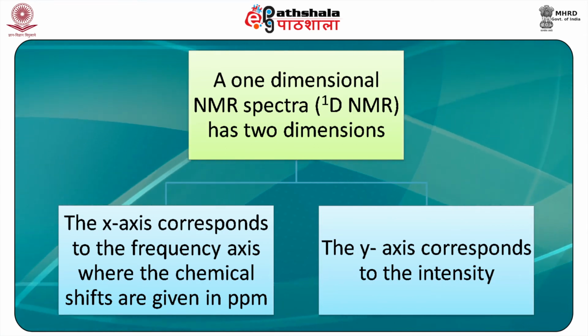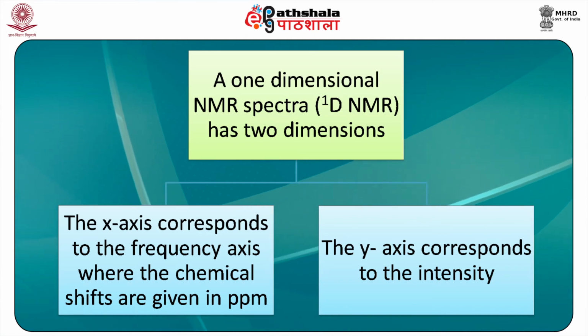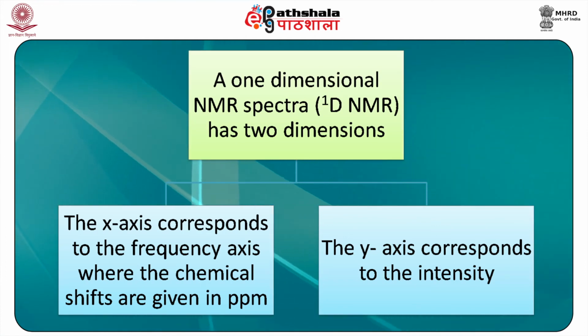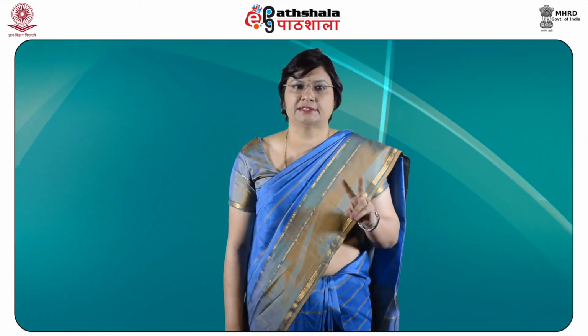The x-axis corresponds to the frequency axis, where the chemical shifts are given in ppm, and the y-axis corresponds to the intensity. On the other hand, the 2D NMR spectra contain two frequency axes. The intensities are presented on the third axis and are therefore usually displayed as contour plots.